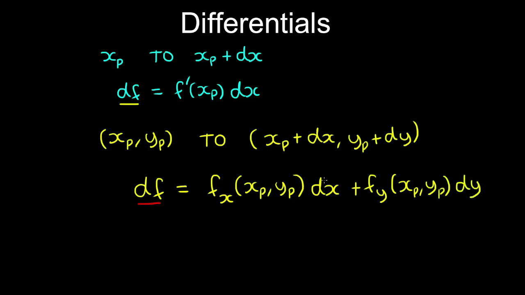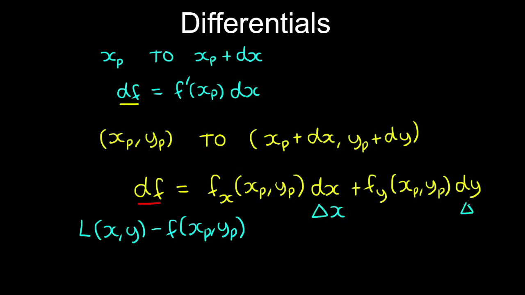So recall the analogy to the linearization of f, where we had delta f was the linearization minus the function evaluated at point P, and on the other side of the equation we had delta x and delta y. And this is called the total differential of f.